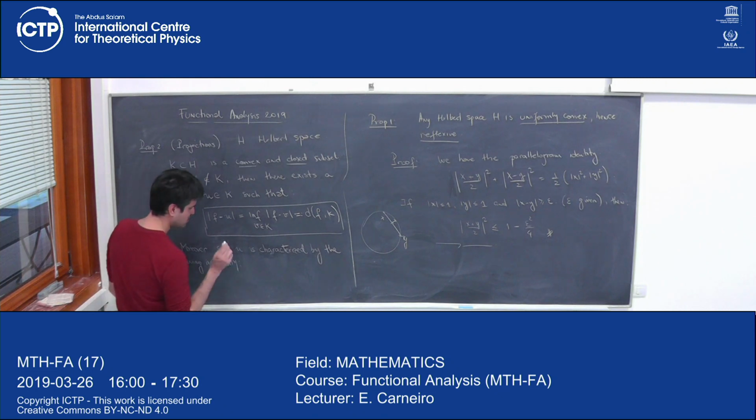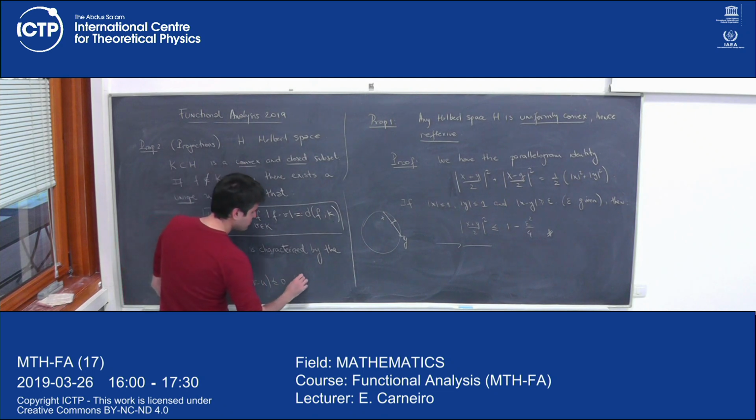What I'm going to say is that the scalar product of f minus u and v minus u is less than or equal to 0 for every v in K.